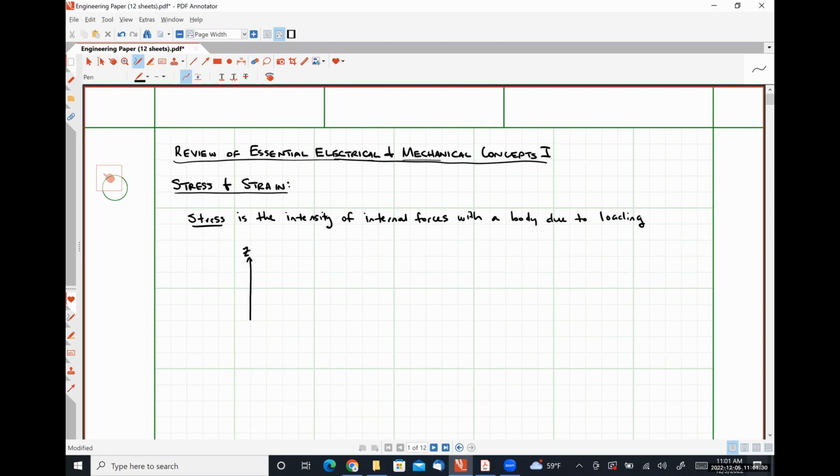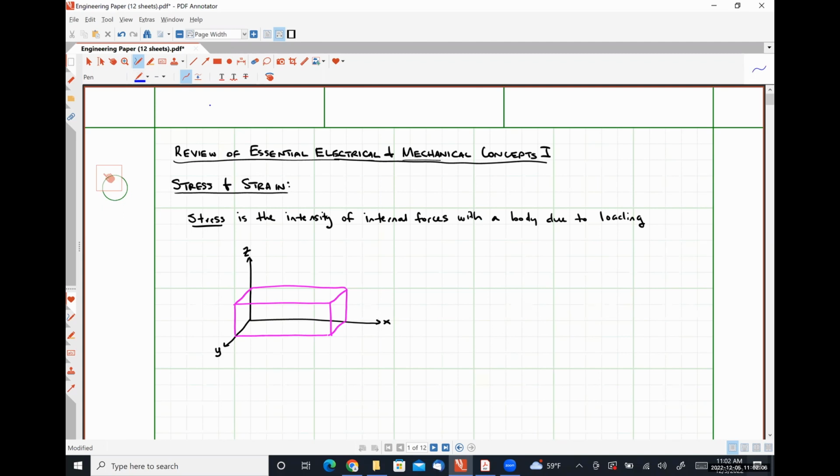So this is going to be our z-axis. Here's our x-axis. Here's our y-axis. I'm going to draw a structural member here. So we have a simple beam.